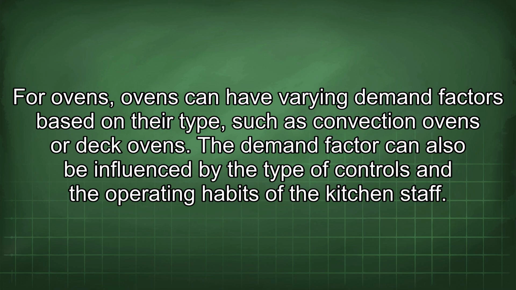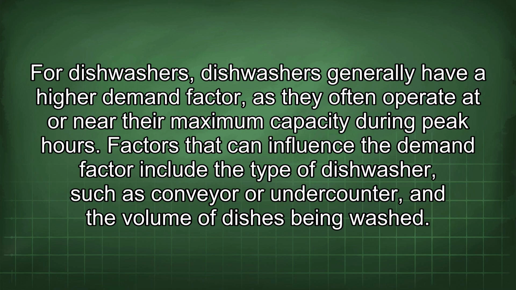The demand factor can also be influenced by the type of controls and the operating habits of the kitchen staff. Dishwashers generally have a higher demand factor, as they often operate at or near their maximum capacity during peak hours. Factors that can influence the demand factor include the type of dishwasher, such as conveyor or under counter, and the volume of dishes being washed.